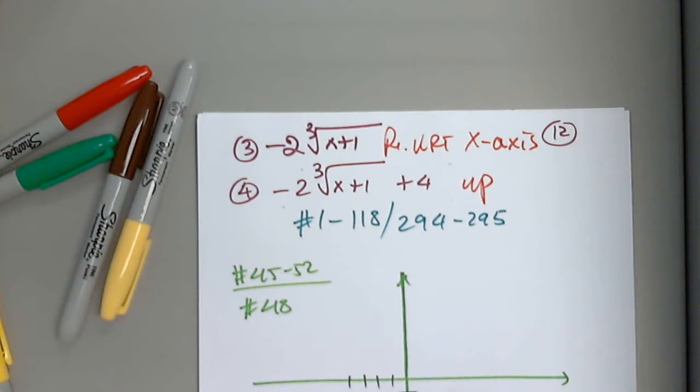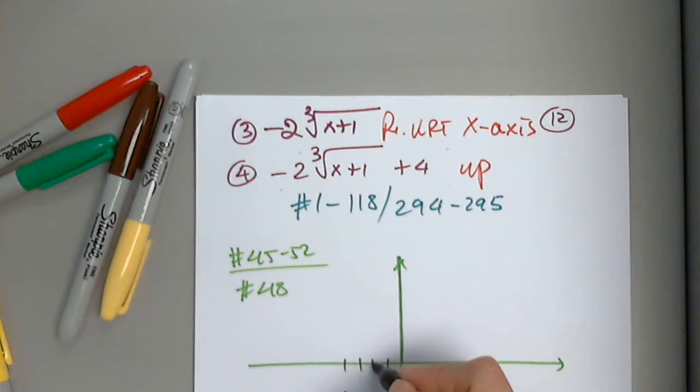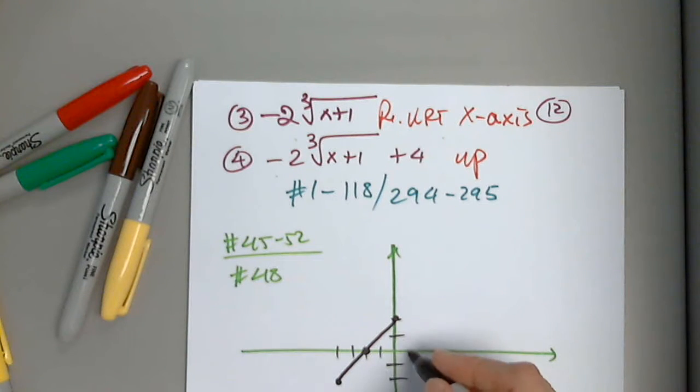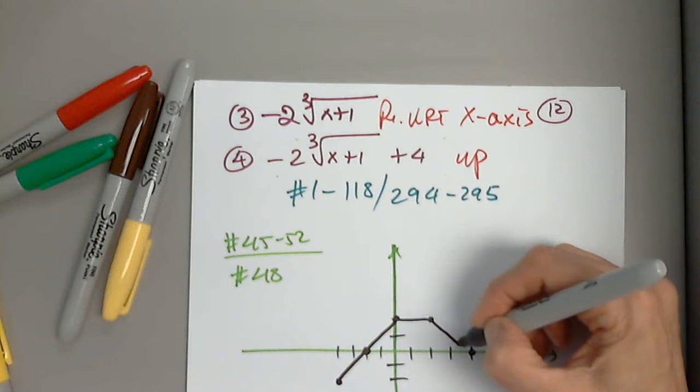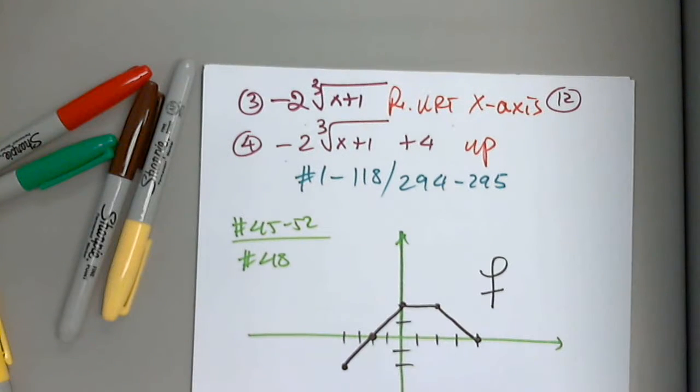We are given all these points. Negative 4, 2. Then I see negative 2, 0. Then I see 1, 2. And this is connected. And then I see 2, 2. And this is connected. And then I see 4, 0. And this is connected. So we are given this function. What type of function is it, by the way?